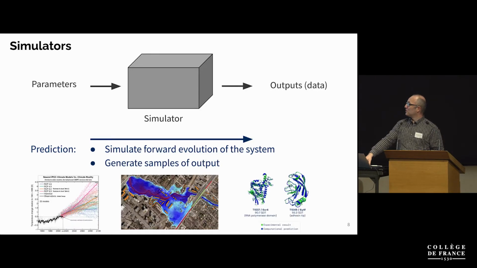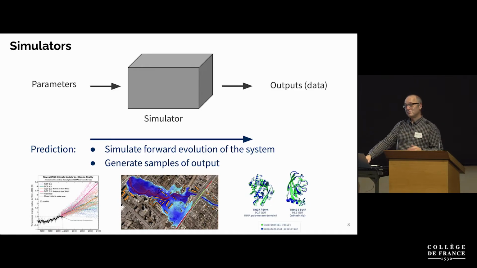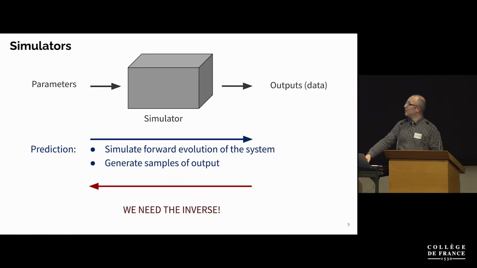And this is useful in many application fields where you want to project things into the future. You want to predict things like how a protein can fold, or how climate models can behave in the forward time direction.